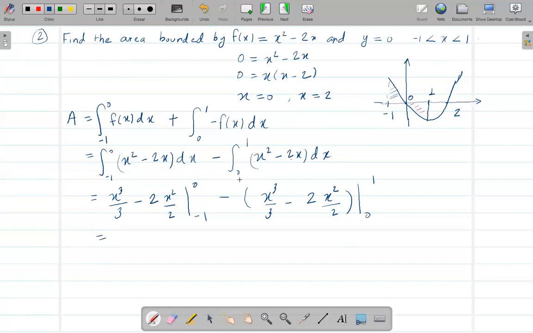Okay, now we have to substitute. Here, if it is 0, then 0 divided by 3 is 0, minus, again this is 0, so 0 divided by a number will be 0, so that will be gone, we don't have to consider it. Minus, now for negative 1: -1 to the power 3 over 3, minus 2 times -1 squared over 2, right?